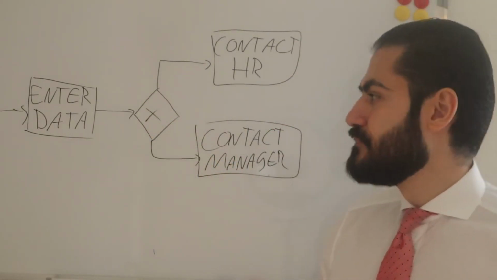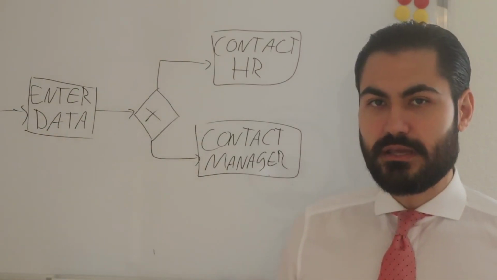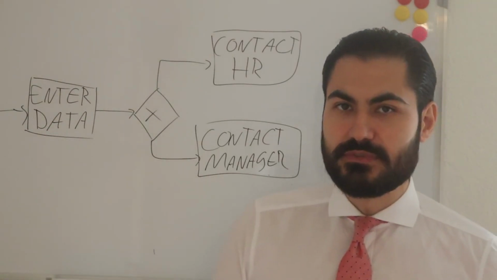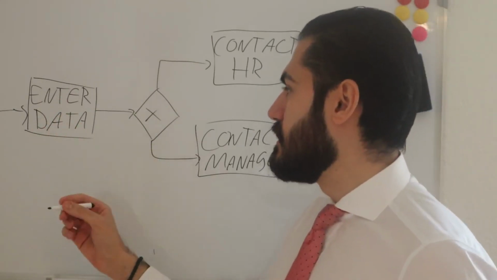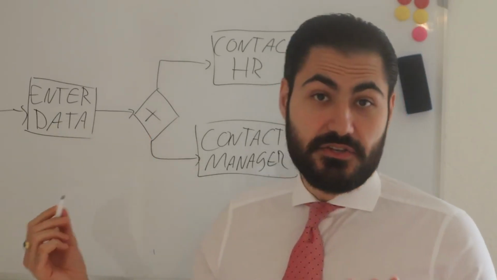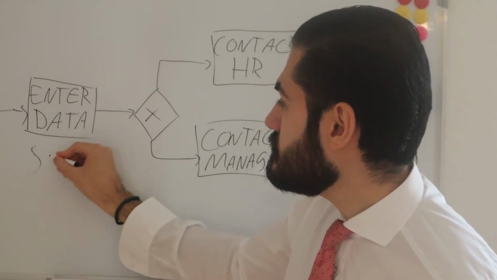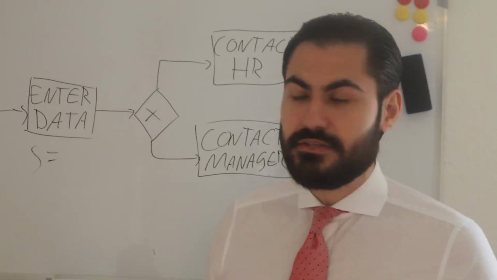So what does this mean? So we're entering some data, and then here on this either-or gateway, we can model a decision. So let's say when we enter the data, we enter something for, like, let's say there's a variable like maybe seniority, right? There's maybe junior, mid, and senior, okay?